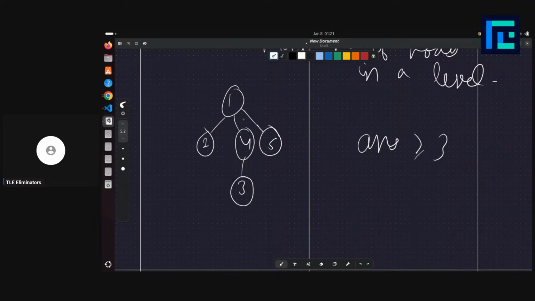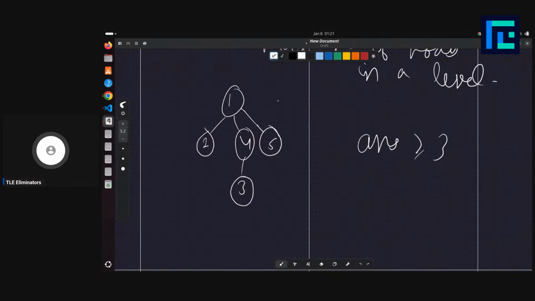So if you see these 4 nodes in total, you cannot color any 2 of them in the same move. You cannot color these 2 because they're in the same level, and also these 2 because they are parent and child. They have an edge between them. Because this node has all these 3 children as its own, the answer cannot be 3.